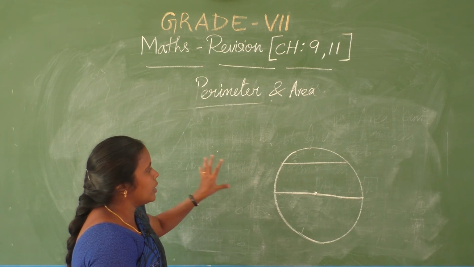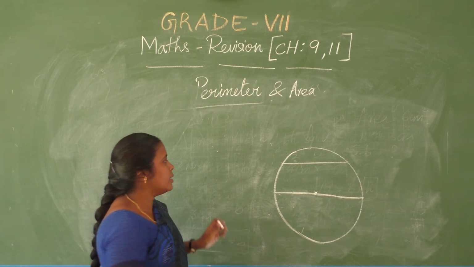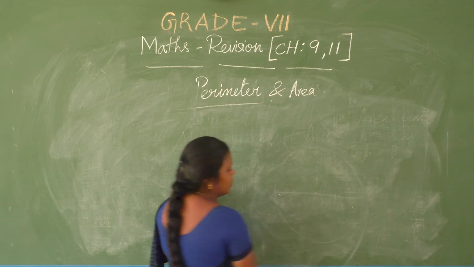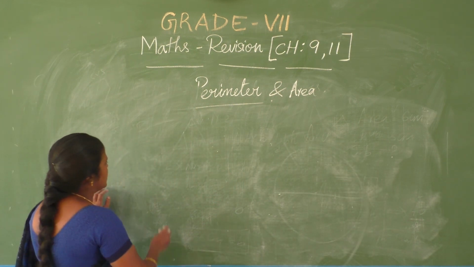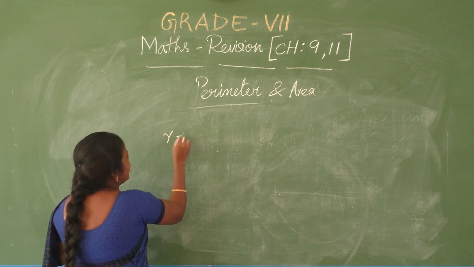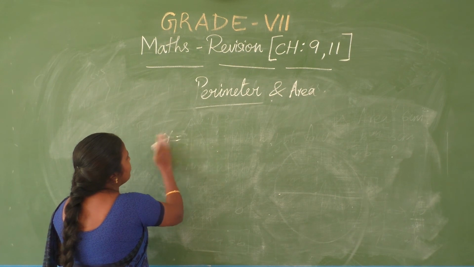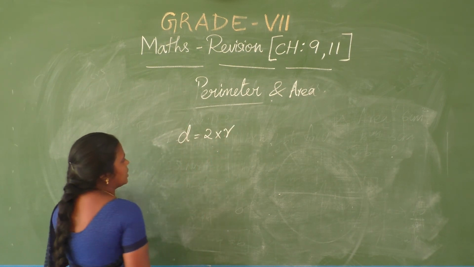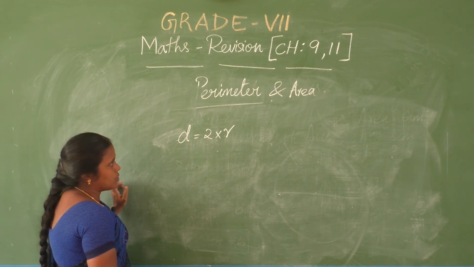Coming here, we are going to see the circumference and area of the circle. When the radius is given, actually we know diameter equals 2 times radius.